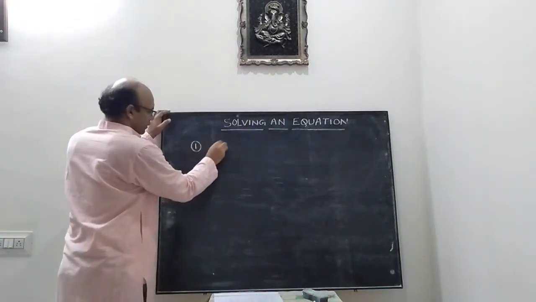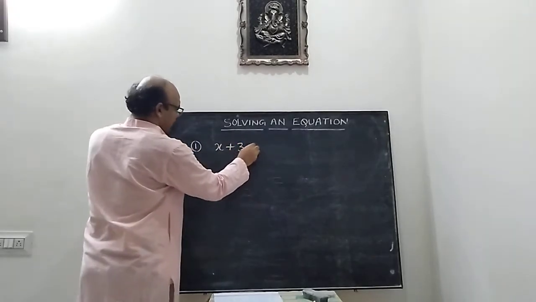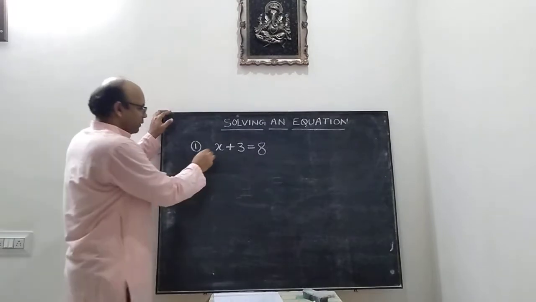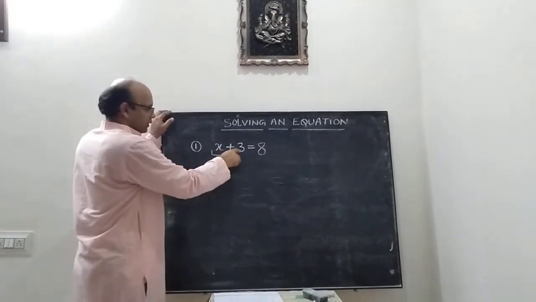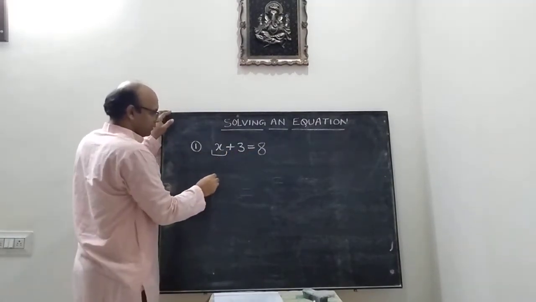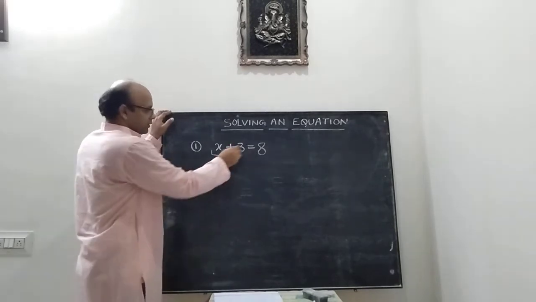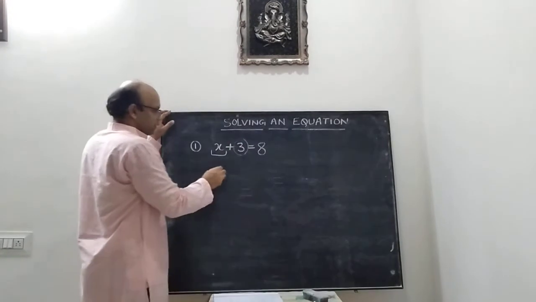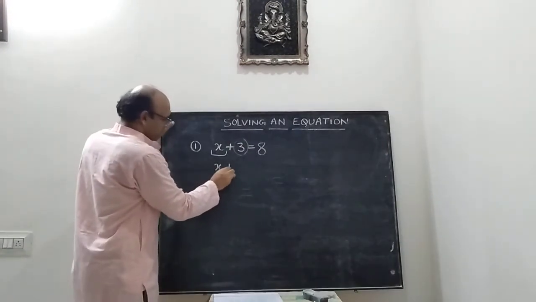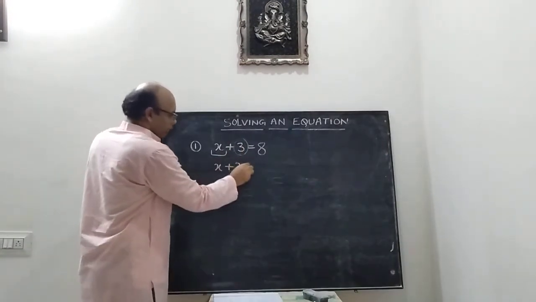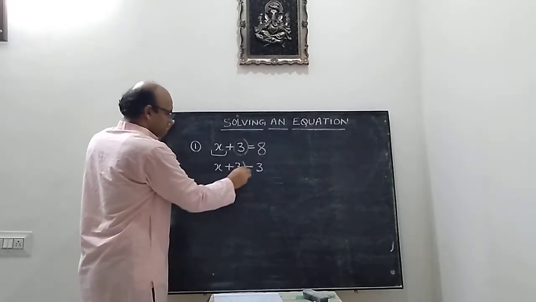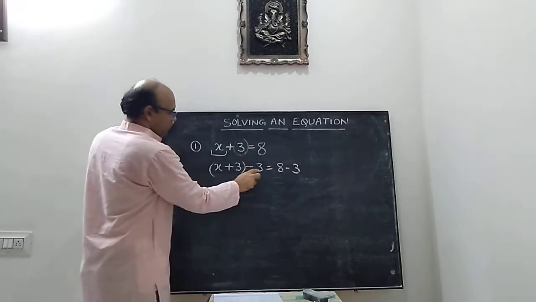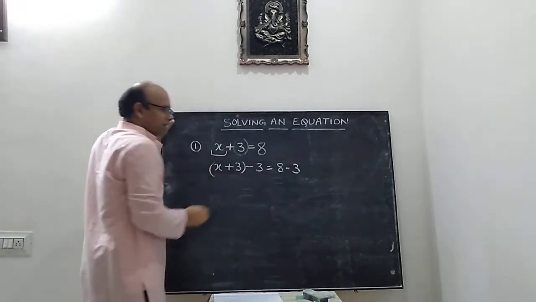First one, solve x plus 3 is equal to 8. We see the variable x is on this side. The first operation is, we somehow want to remove 3. So we write x plus 3 and we subtract 3 from both sides.